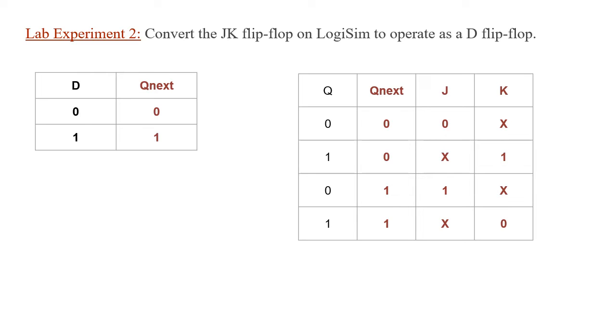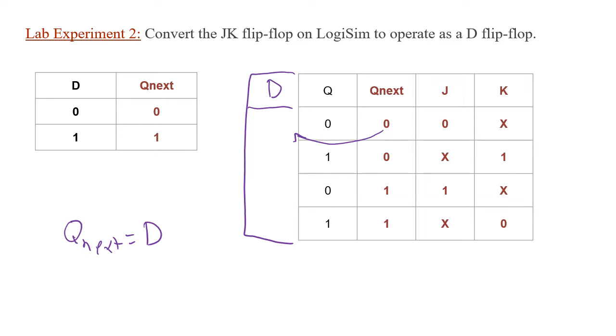So what we're going to do next is, knowing the characteristic equation for a D flip-flop, which is Q next is equal to D, we're going to add an additional column on the left hand side of the table so that it will be named D. And then, knowing that D is equal to Q next, we're going to copy the value of Q next here.